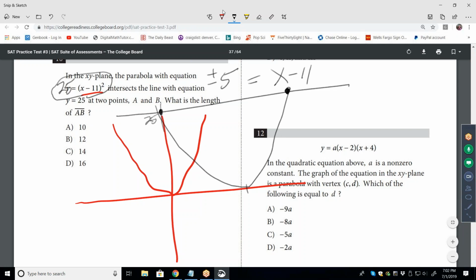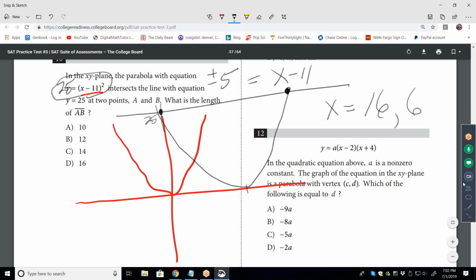And then you get x equals either 16 or 6. Okay, you with me?